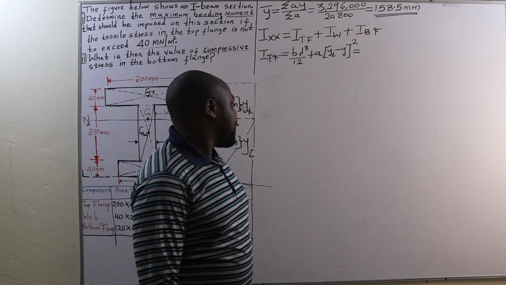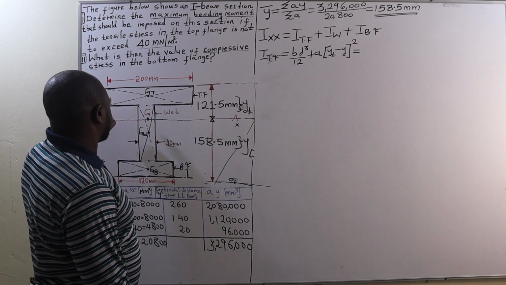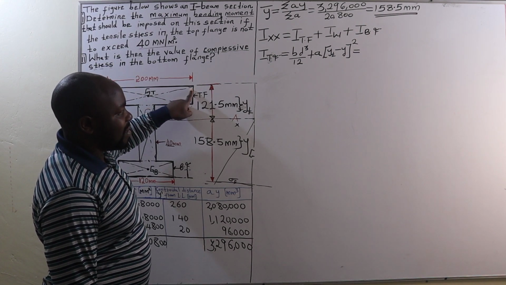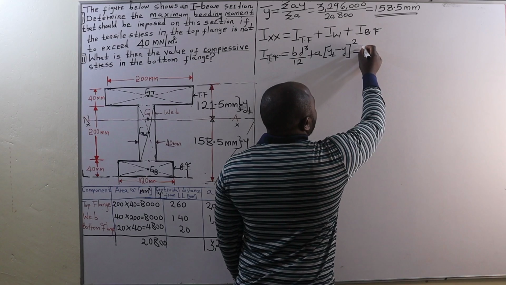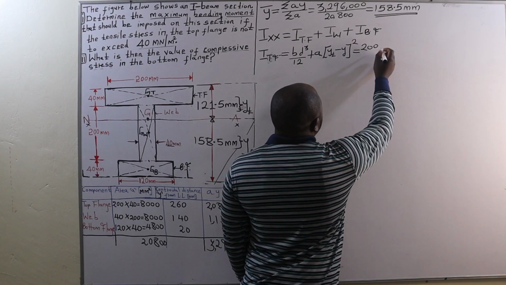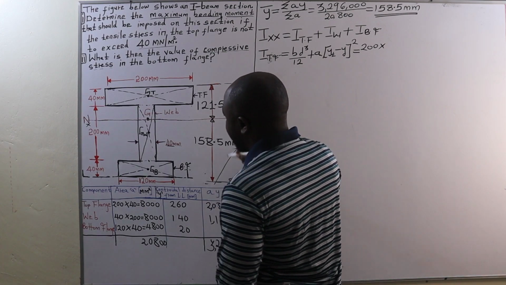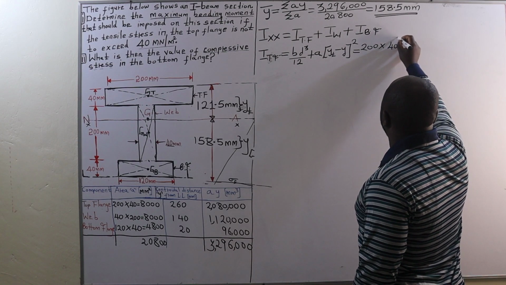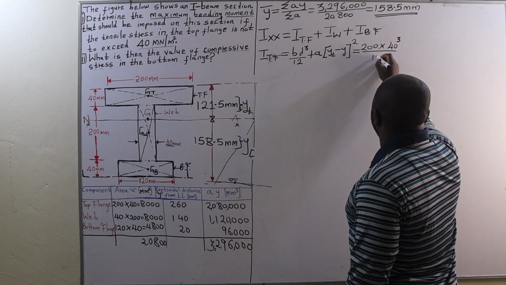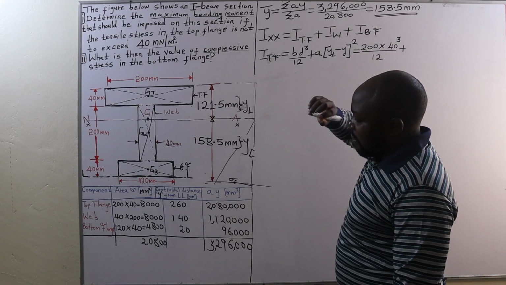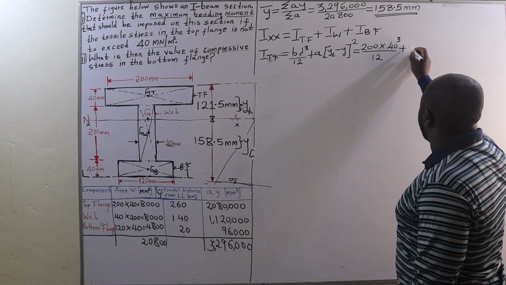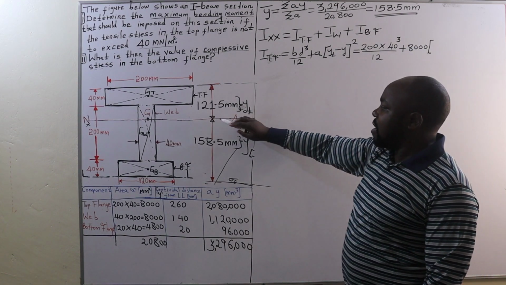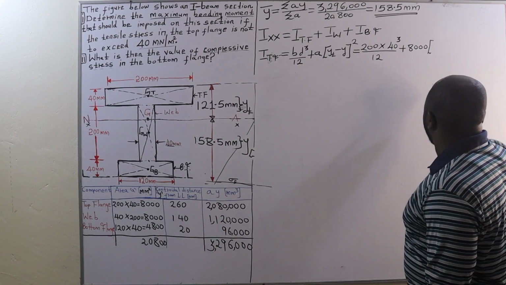So the breadth of the top flange is 200 millimeters. Therefore, we are going to have 200 millimeters multiplied by the depth of the top flange, 40 millimeters, cubed, all over 12, plus the area of the top flange, 8,000 square millimeters, into YT, which is 121.5.